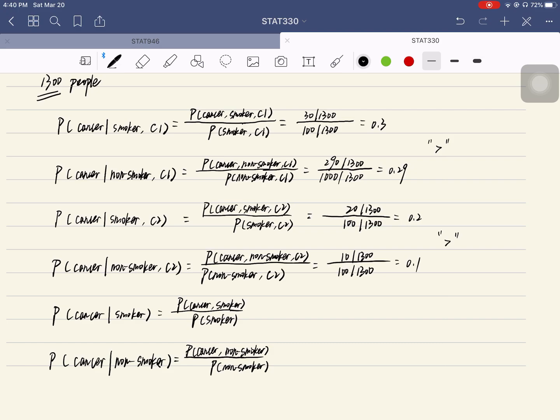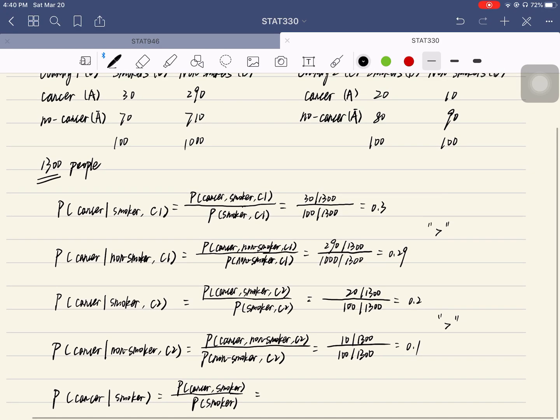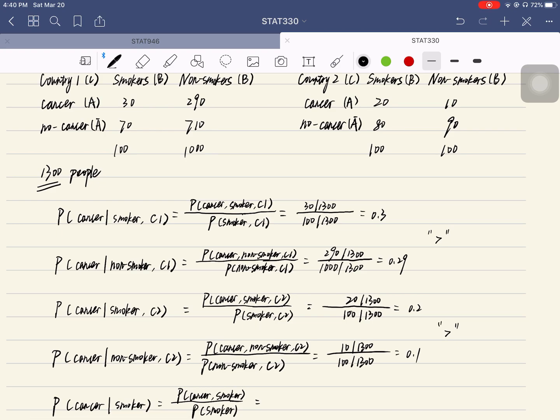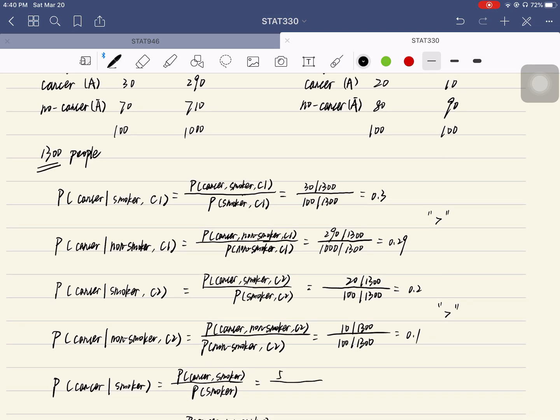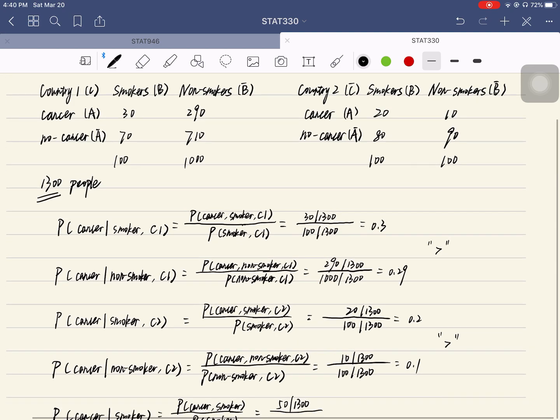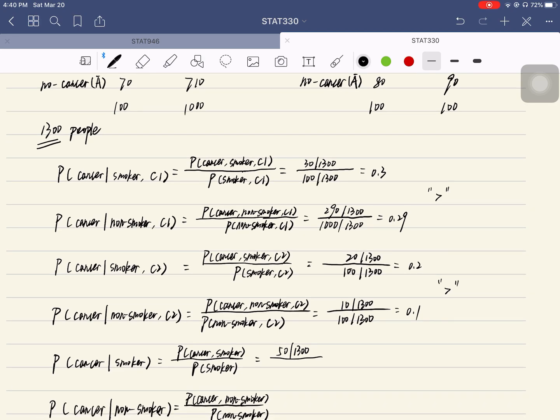Okay, so let's go back to the table. The probability of cancer with smokers: smokers with cancer is 30 in country 1 and 20 in country 2, which is 50 divided by 1300, and the total number of smokers is 100 in country 1 and 100 in country 2. So the total number is 200 divided by 1300. So this goes to a quarter.